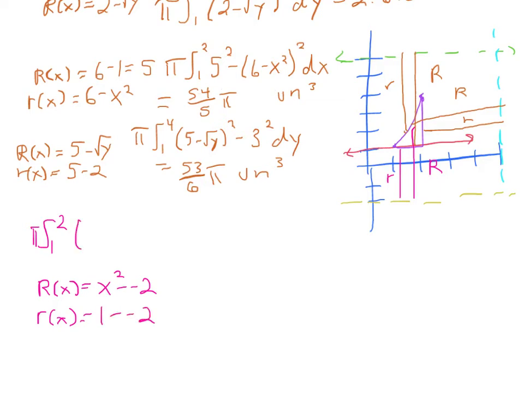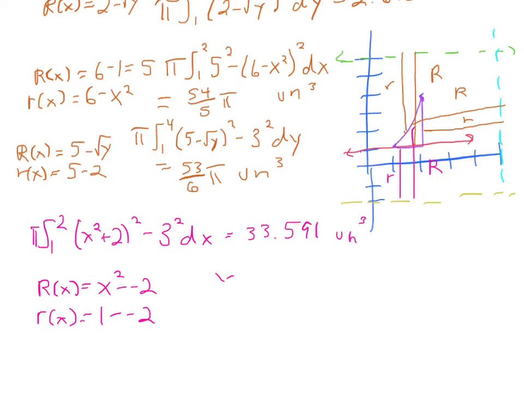So we will have x squared plus 2 quantity squared minus 3 squared dx. And plugging that into our calculator, we should get 33.591 units cubed.